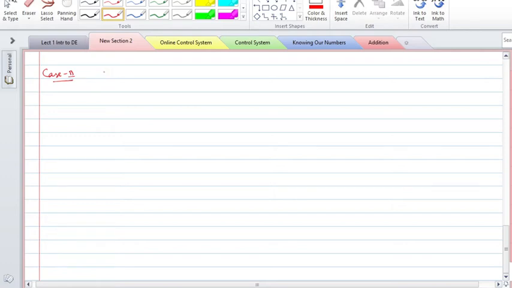Now case 2. Case 2 is, suppose standard POS form is given. Okay, let's have an example.